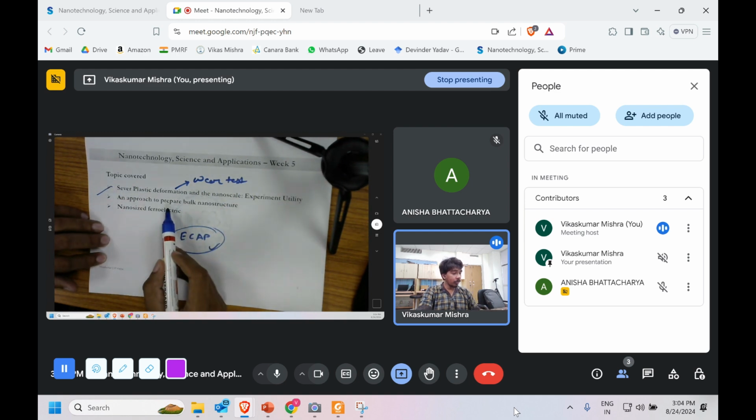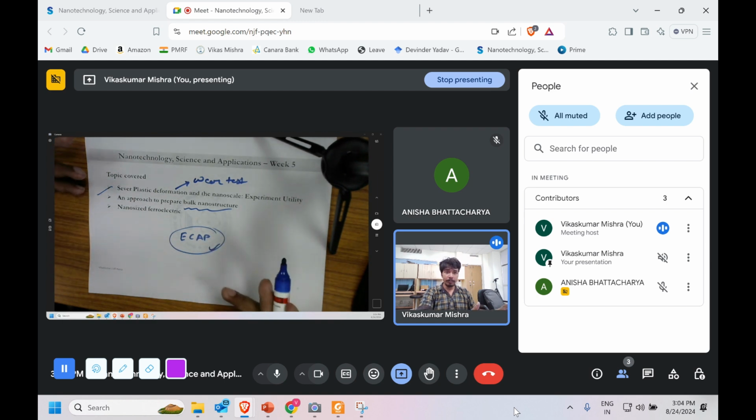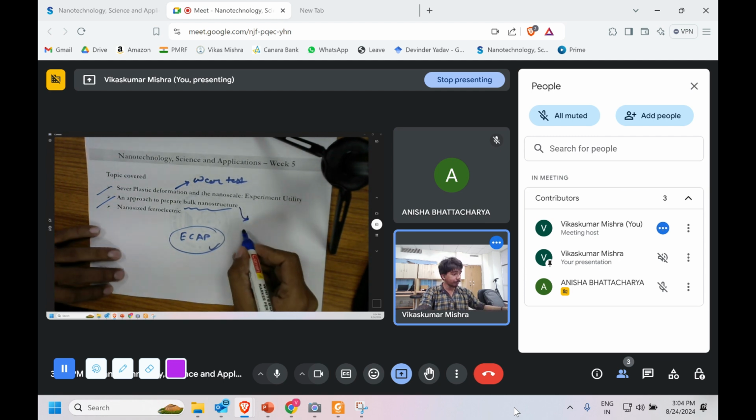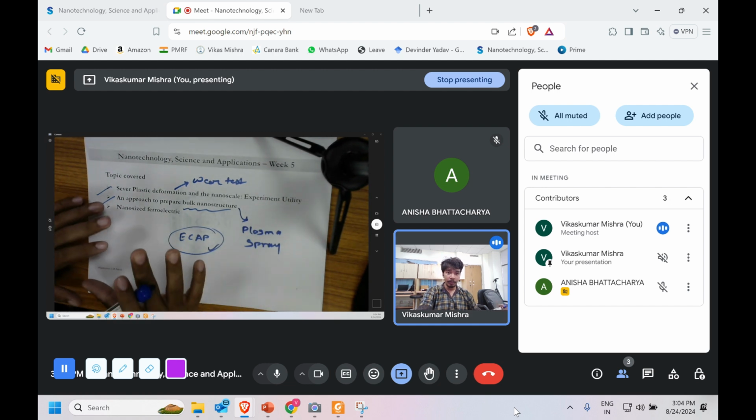Then we went to another way by which we can prepare bulk material which can show the properties of a nanostructure. So here we discussed the plasma spray coating, and we were very specific that we were seeing the vacuum plasma spray technique.